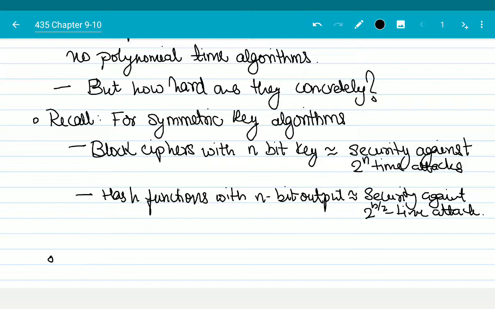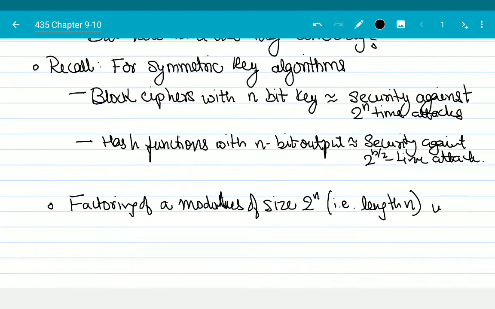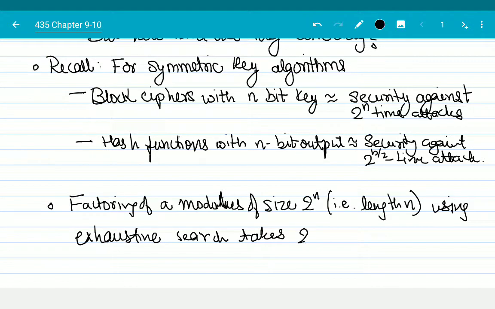Factoring of a modulus of size 2 to the n, i.e. length n, using exhaustive search takes about 2 to the n over 2 time.